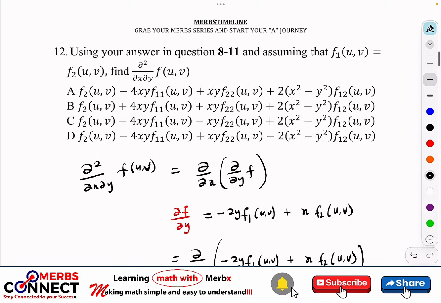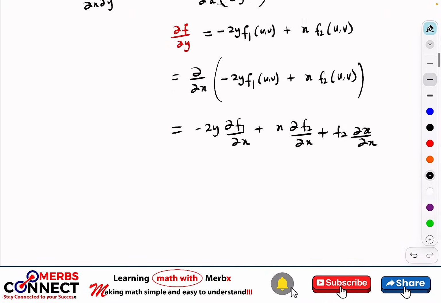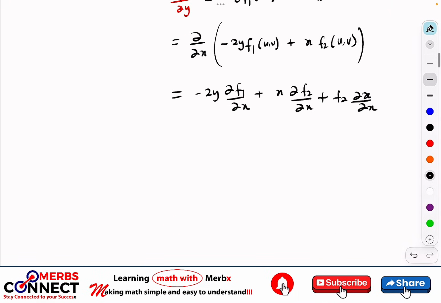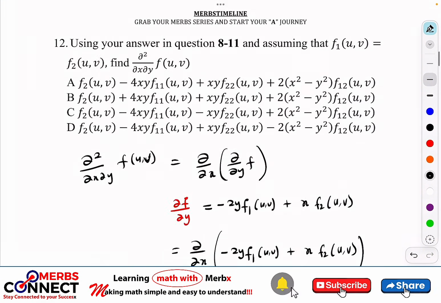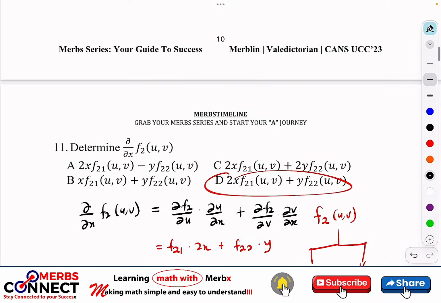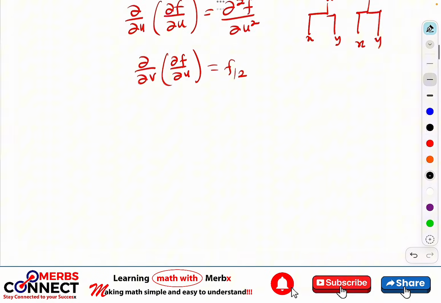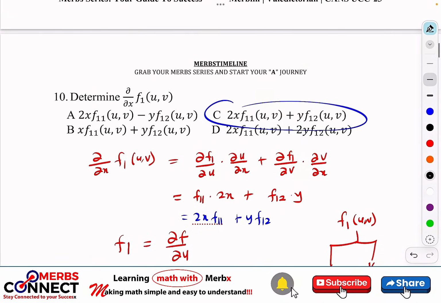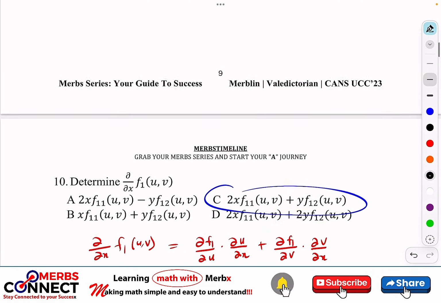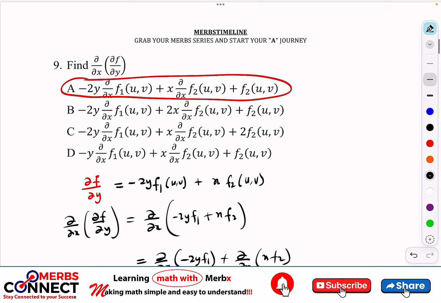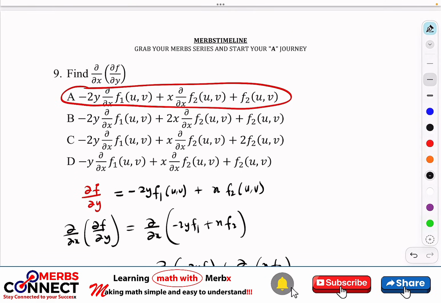Okay, let's see what's going to happen here. So when I want to differentiate this, let me just go up. I feel like I've done this.